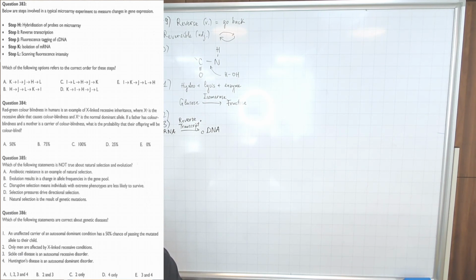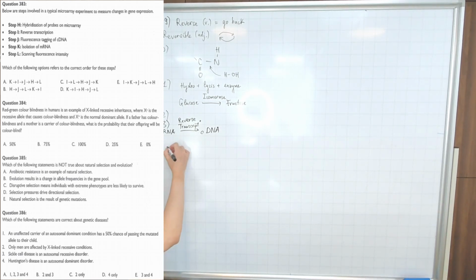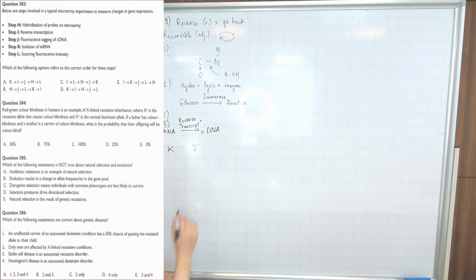Okay, so you have 3 choices left. You know that K happens before J, right? And then tagging, and then you have to scan. So see the question that has this order: K, J, L. All 3 of them have this.